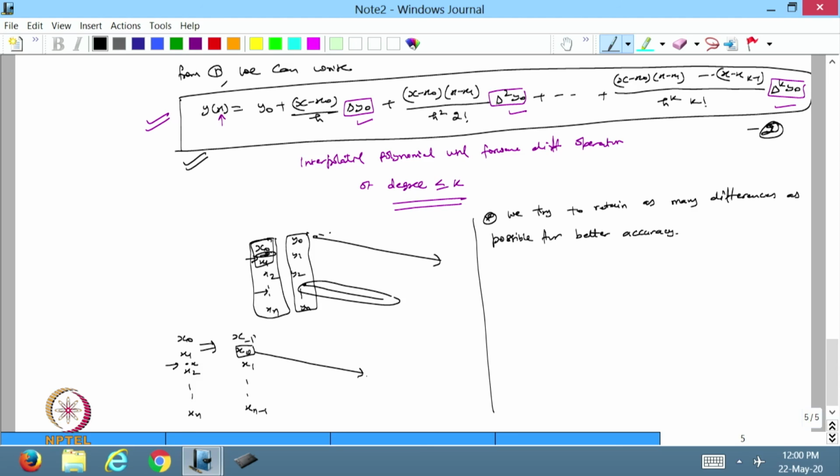For better accuracy, the number of differences decreases as we go downward in the finite difference table, as we have just discussed.